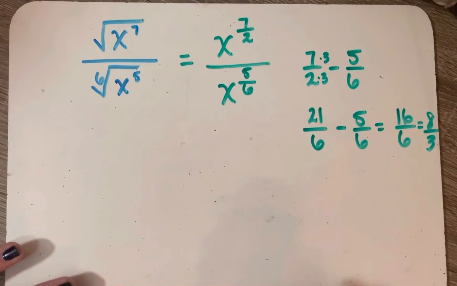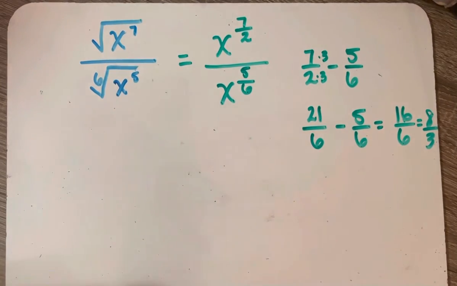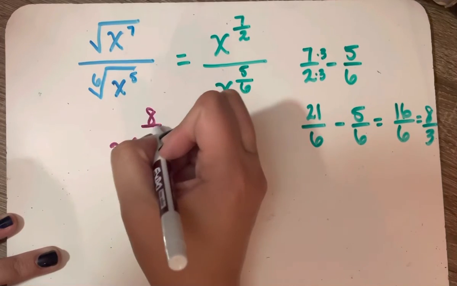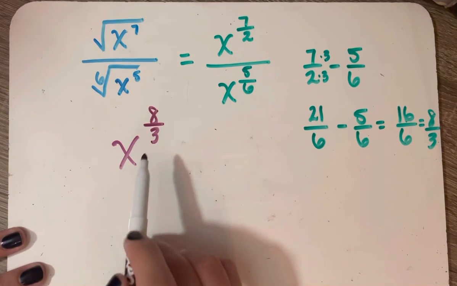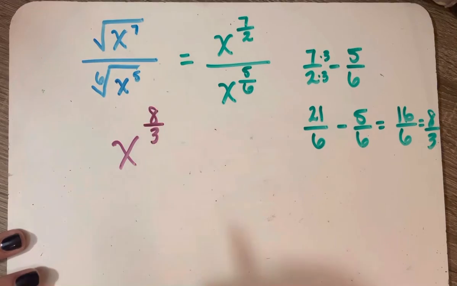Okay, so that means I can rewrite this as, let me go to my next color, x to the power of 8 over 3. So now I've come down to just a single x raised to an exponent.